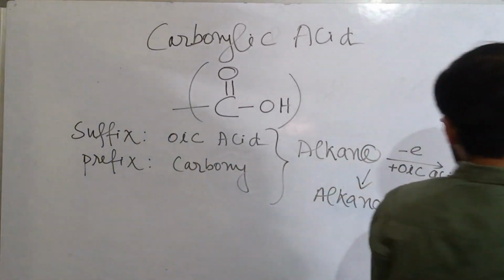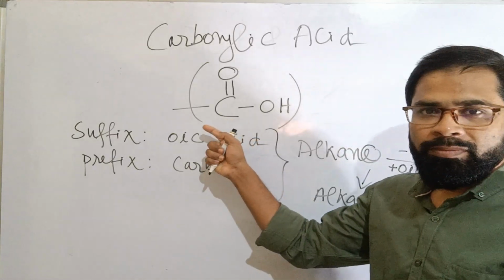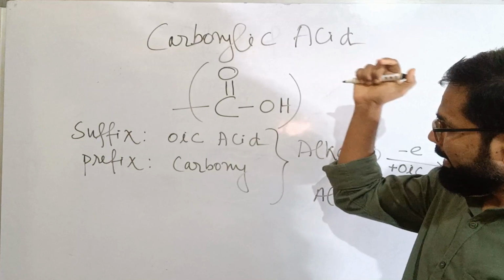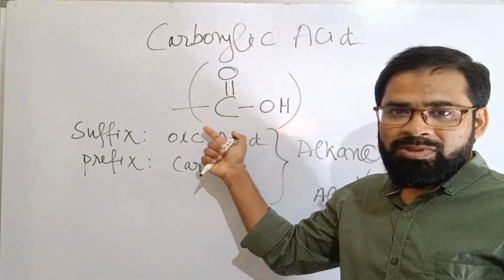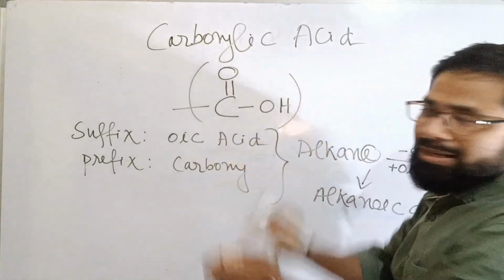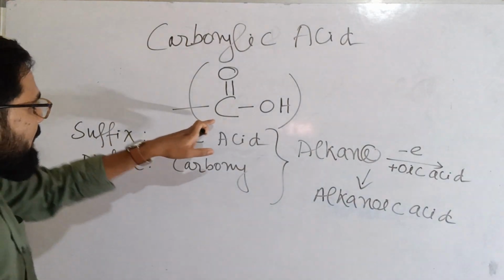One important thing here is that this functional group, the carboxylic acid, will always be in the terminal position. There is no chance to put it in the middle. Why? Because this carbon has total valency 4.